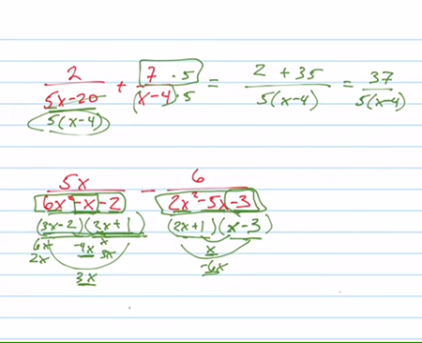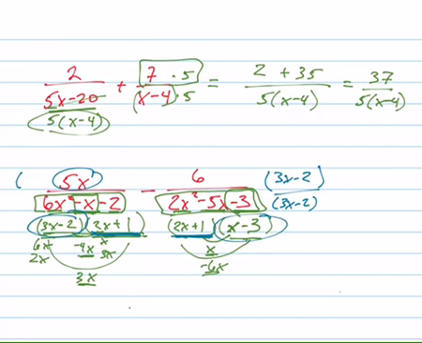All right, so now that I've done that, see how that 2x plus 1 is part of both of these? So this needs to be multiplied by the 3x minus 2 to get a common denominator. And that first fraction, the 5x, has to be multiplied by x minus 3 on the top and bottom.